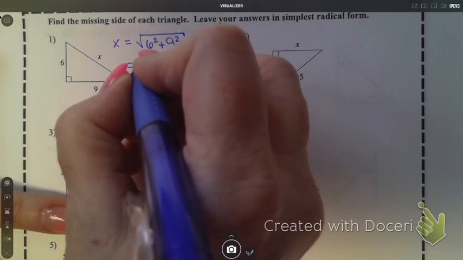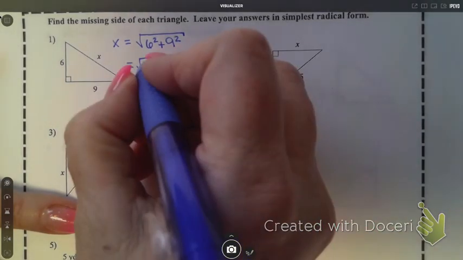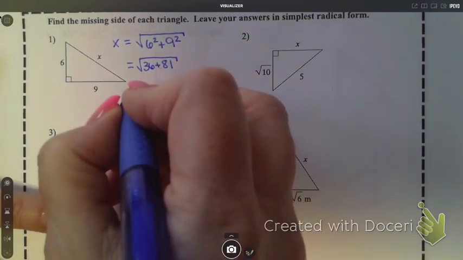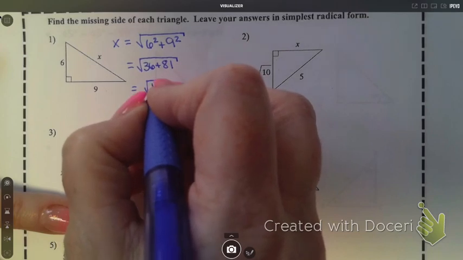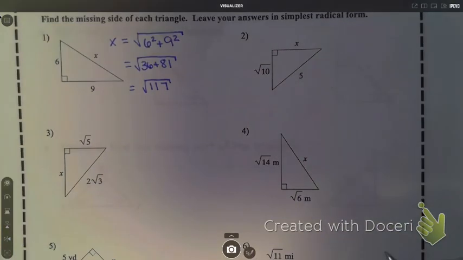So, the square root of 36 plus 81. So the square root of 117. Okay. Now what?